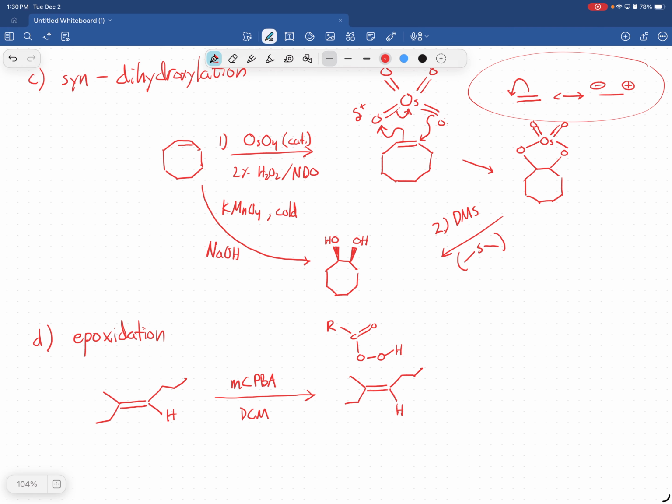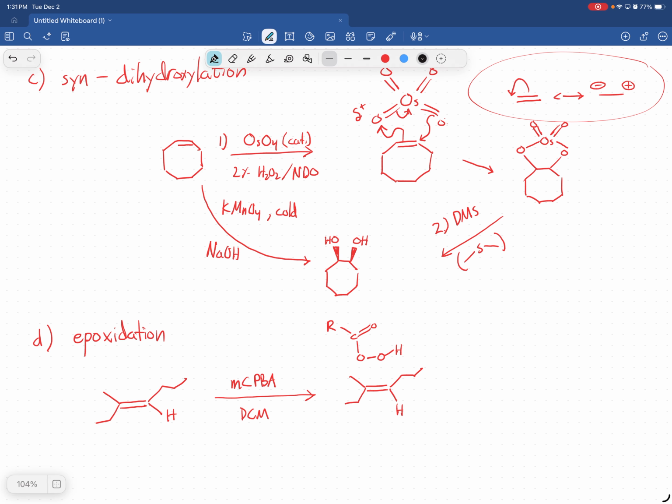I think it's very similar to the osmium one. You're attacking an oxygen again. But which oxygen do I attack in the molecule? Close. Not that one.